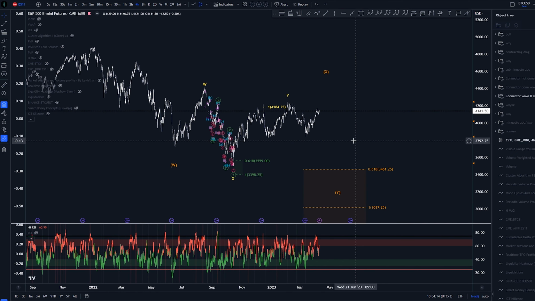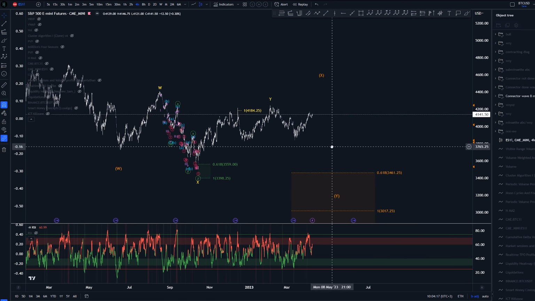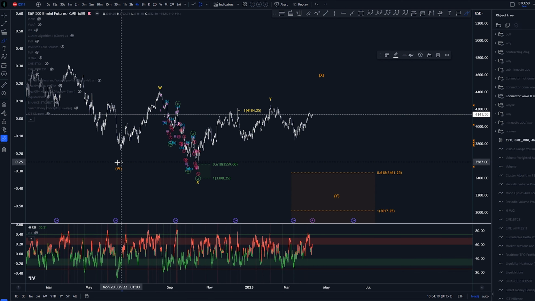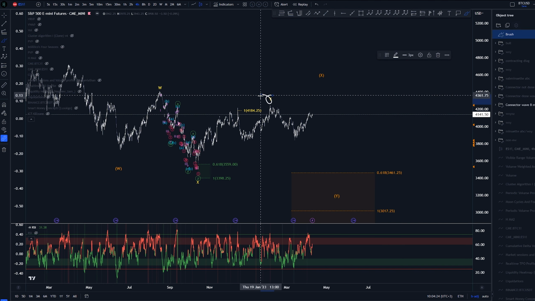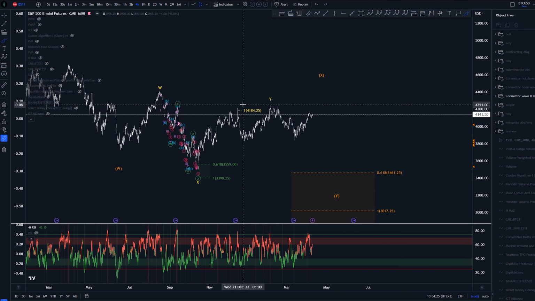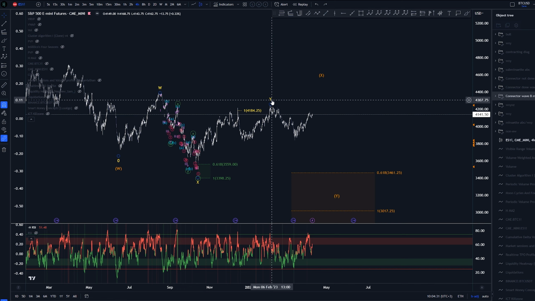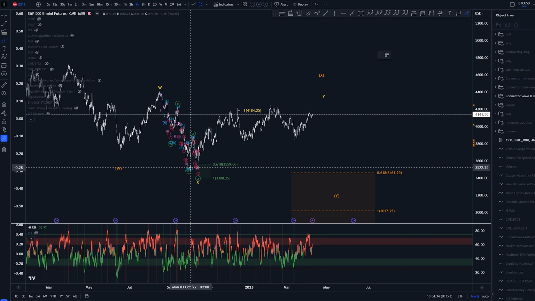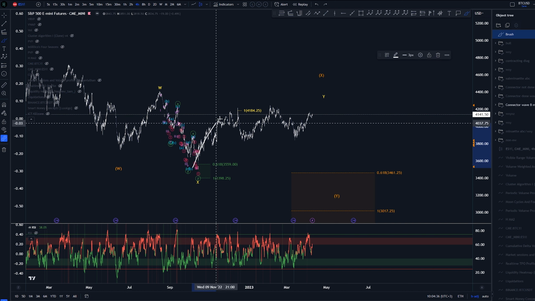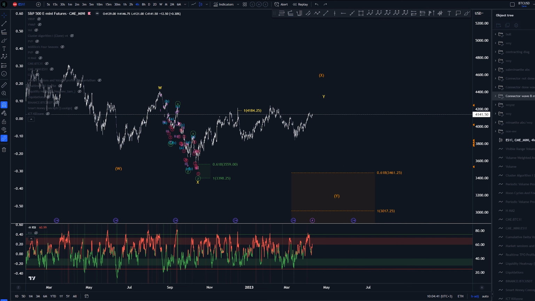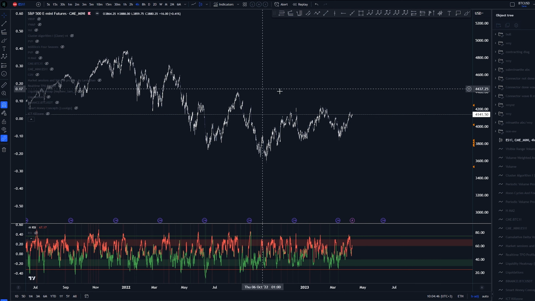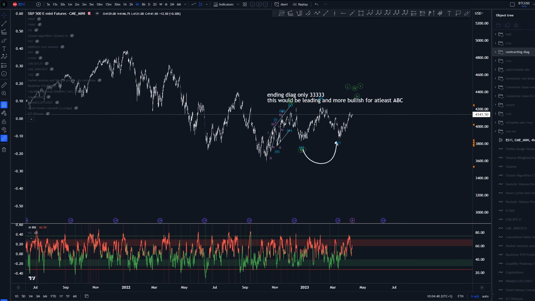Then we had this kind of structure where we were looking into this same idea that we had previously, where this again was a W, then WXY. Again, the placement of wave Y has been shifted originally from here now to here and potentially even here. And you can start to see how extended the wave Y is starting to be if we again take out these highs to create something like that. I don't really have a good looking structure if we take out these highs at the moment, because again the triangle is definitely the best proportionate.